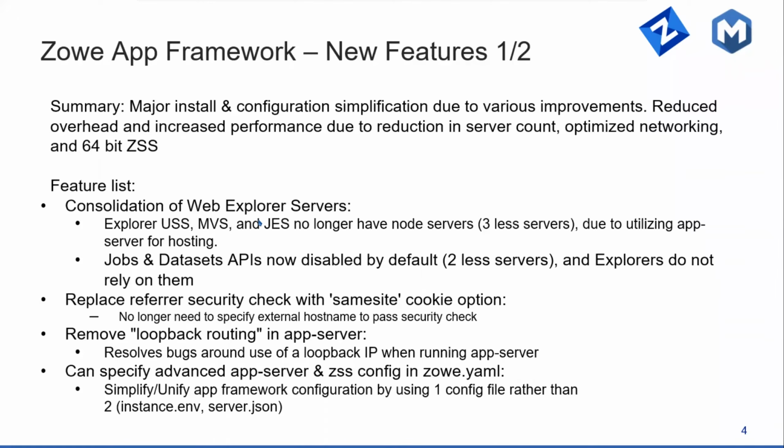The last item on this page is a change that's going to be significant for documentation and end user purposes and install purposes. In version 1 of Zowe, we had a centralized configuration file known as instance.env, and then we had a not so centralized configuration file called server.json, which was only used by the app server and ZSS, but not by the mediation layer, for example.